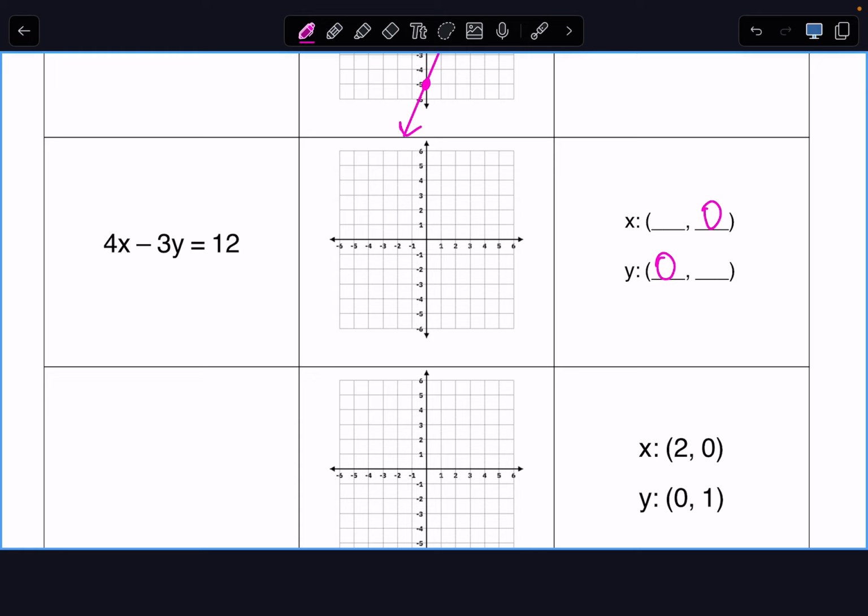Most people had a 3 here and a negative 4 here. I want to know how you got those. How'd you get them? You looked at the pattern between all the other ones. Em looked at a pattern. Who had a different way?